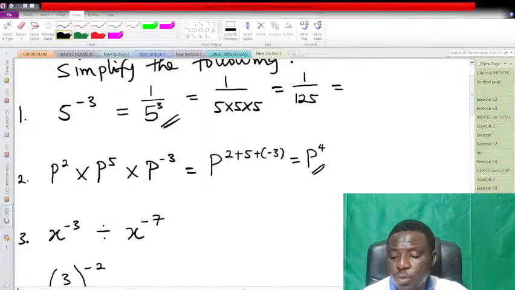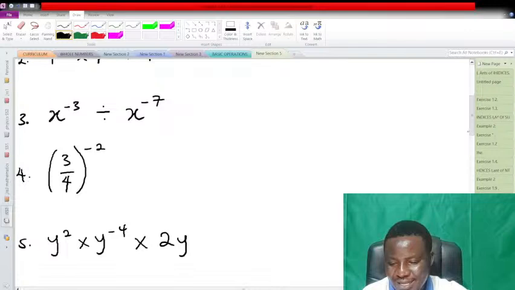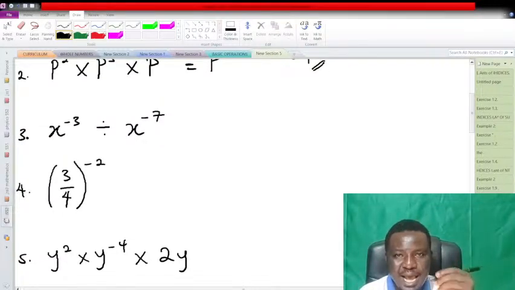Now what you have to do in question number 3 is to apply the subtraction law of indices, which I taught you. The law says when you are dividing and the bases are equal, you subtract the powers. Okay, so this is going to be equal to, I'm now solving question number 3. So please follow me and you'll be able to get them.